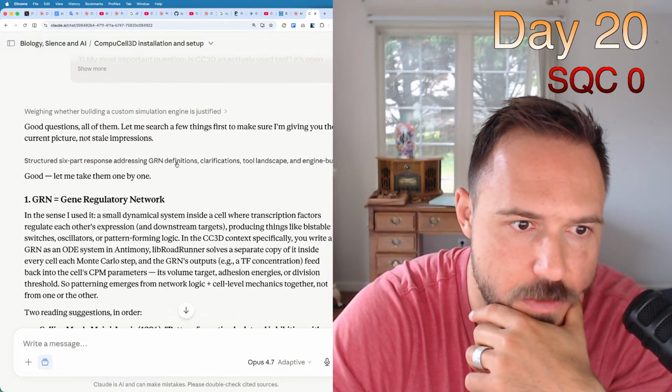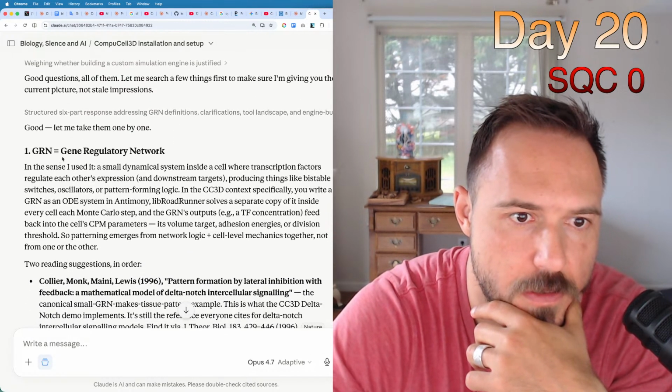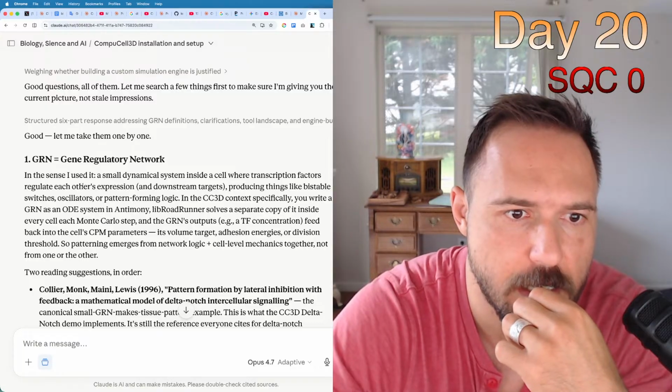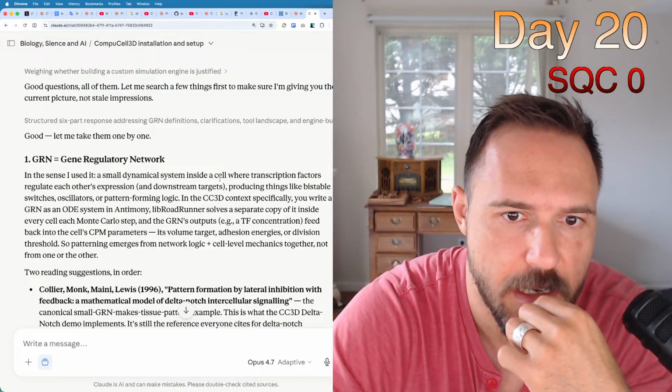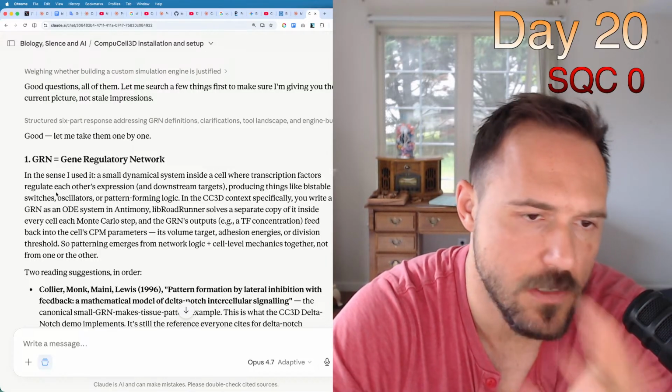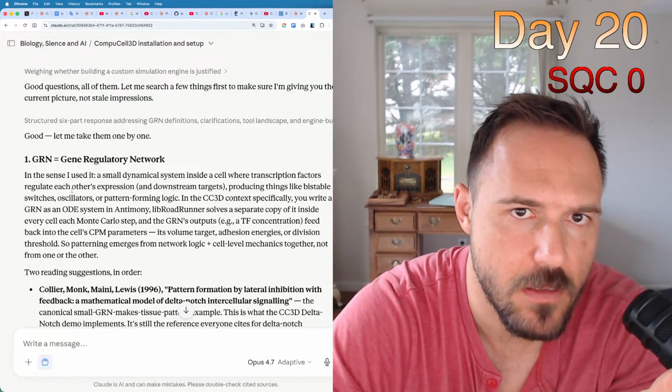Let me search GRN, Gene Regulatory Network. In a sense, I use a small dynamic system inside a cell where transcription factors regulate. That's what we were reading in the paper, right?